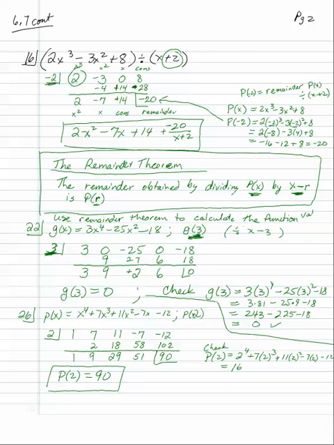So that's 16 plus 56 plus 44 minus 14 minus 12, which is, I hope, 90. I'll let you check that. I'll do it. 62, 100. Yeah, it works.